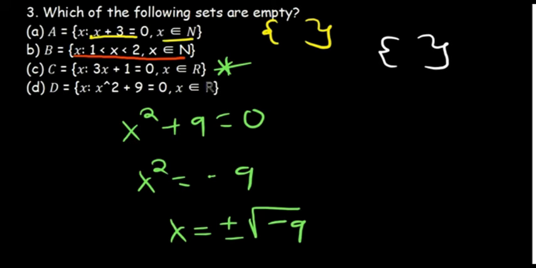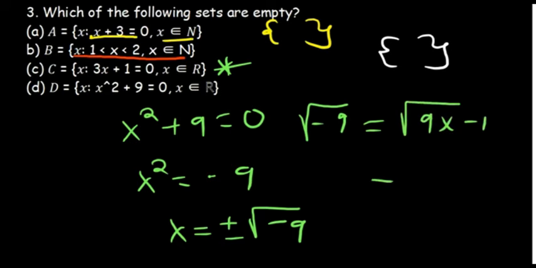It's a complex number, because the root of negative 9 is the same as the root of 9 times negative 1. So you have the root of 9 and the root of negative 1.